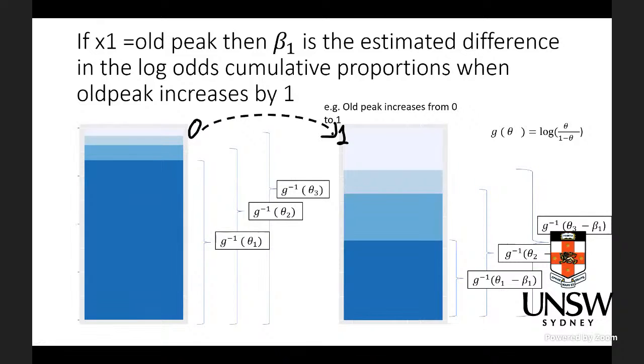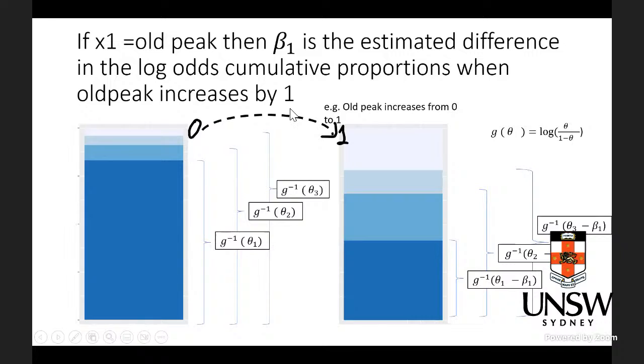I've maybe overdone the examples, but here I'm going to look at old peak, just to give you an idea of how we interpret it if you've got a continuous variable. So if old peak is 0, you might have this distribution of people in the classes.